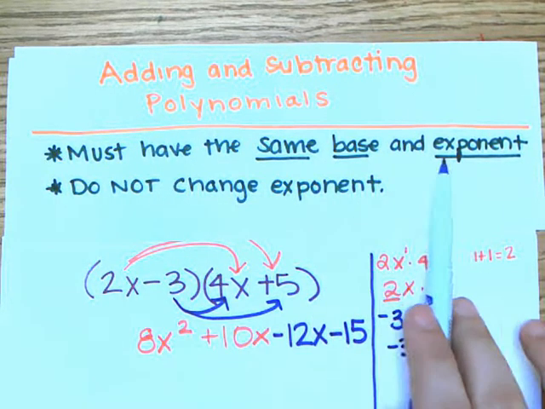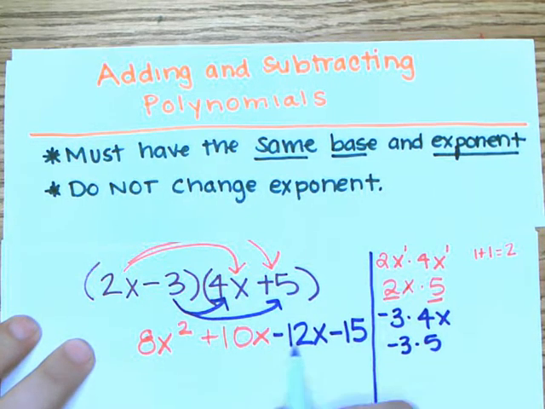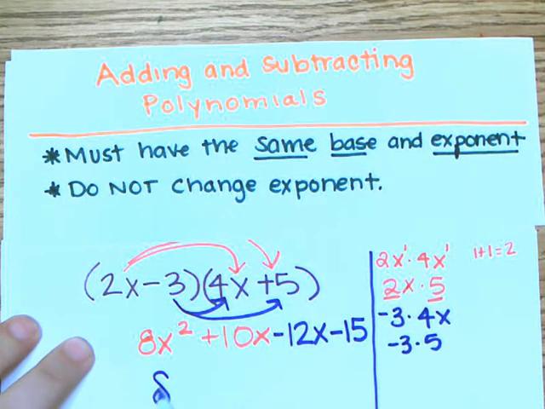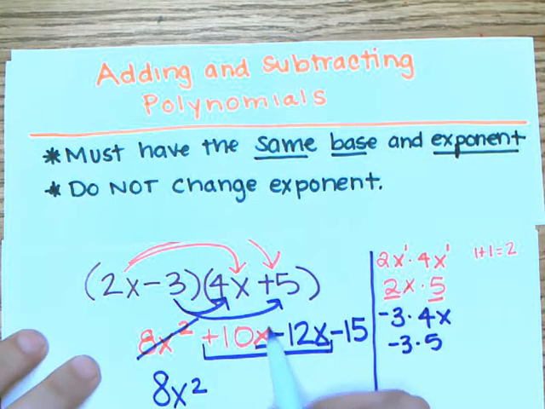So now this rule is going to go away, and now we are using the rule for adding and subtracting polynomials. So to go further, they have to have the same base and exponent. So this one has no other x squareds to combine with, so I'm just going to bring it down.